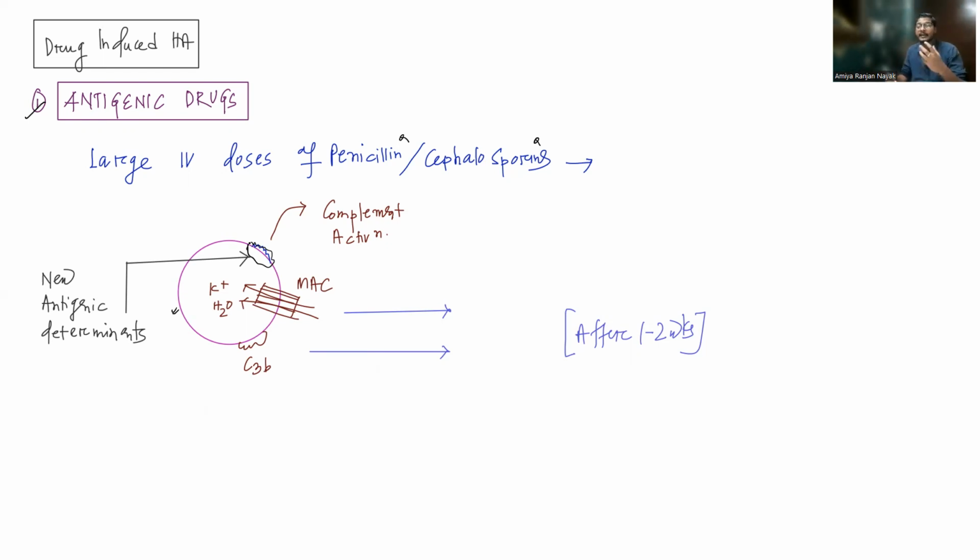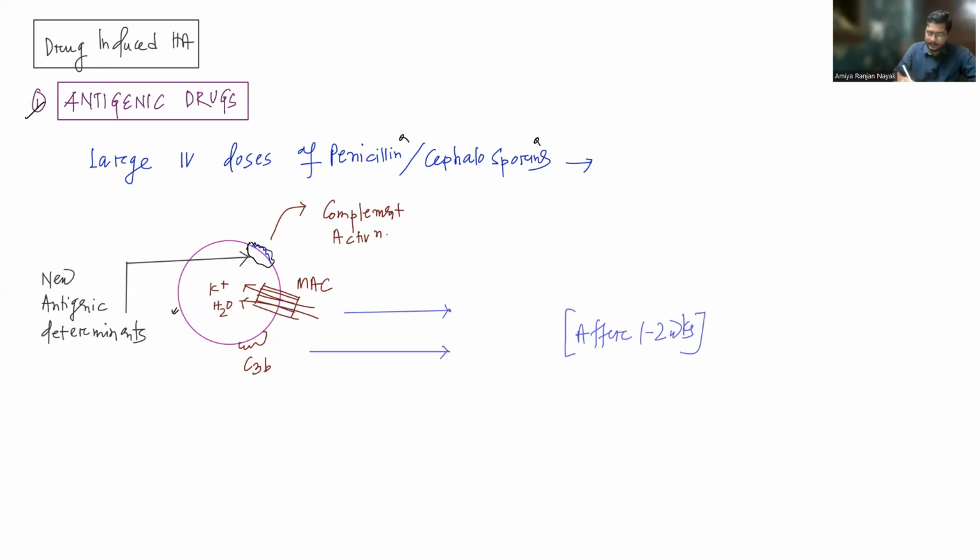These antigenic determinants will be perceived as foreign by our immune system, and our immune system will produce antibodies against them. Those antibodies can bind to this RBC and cause subsequent hemolysis.